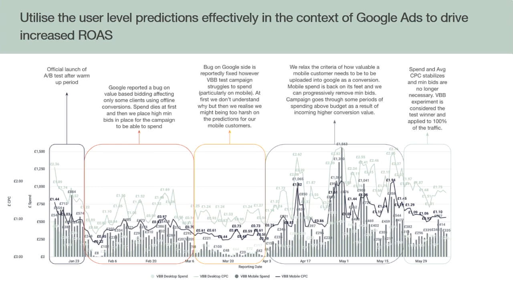That period lasted for 1.5 months, and for that period we had to use minimum bids to keep the spend going, really. Once Google told us that the bug was solved, we started to relax the minimum bids so that value-based bidding, smart bidding could operate at its full capacity.